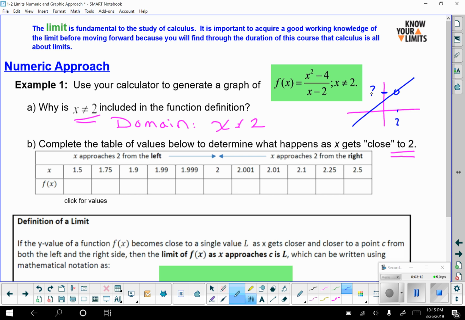What would be this y value? So one way of investigating it is to look at a numerical table. Here I've given you some suggestions for letting x equal a few of these values. What I'm trying to do is build from the left and the right side and come in close to 2. And we can analyze what those values are as I get closer and closer to 2.